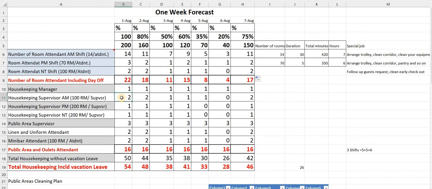Housekeeping supervisor for AM shift, you need to assign 100 room each one. So two supervisor to supervise the 200 rooms. The same formula apply also. So you can write plus 200 divided by the assigned room 100. So you need 2.